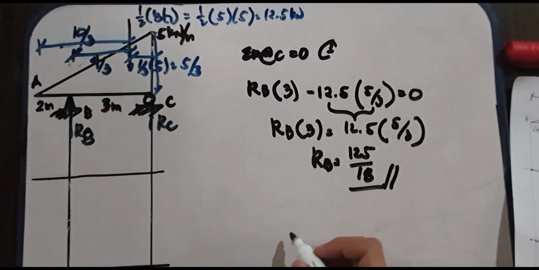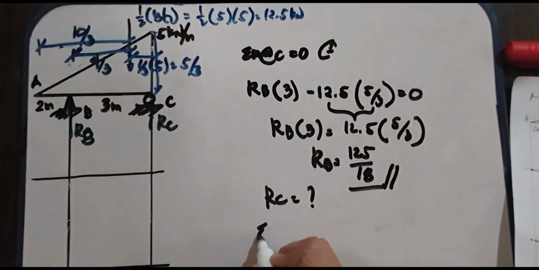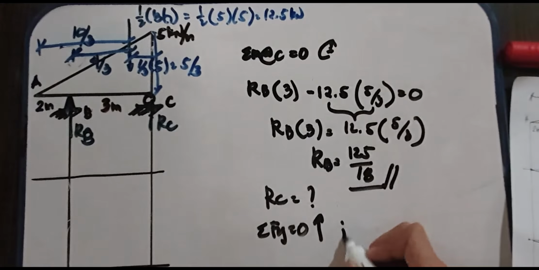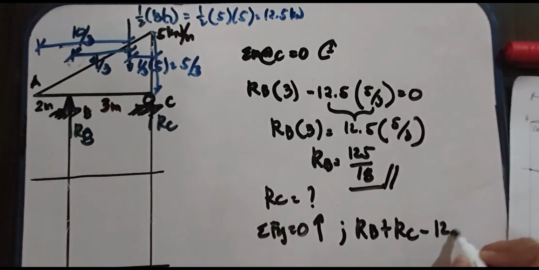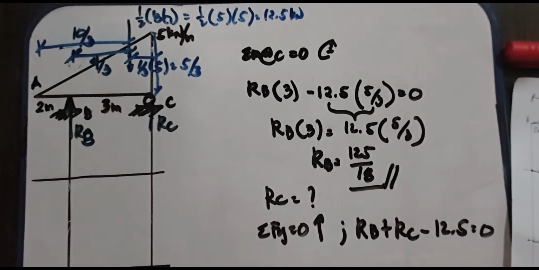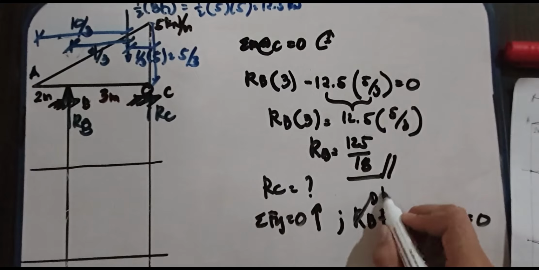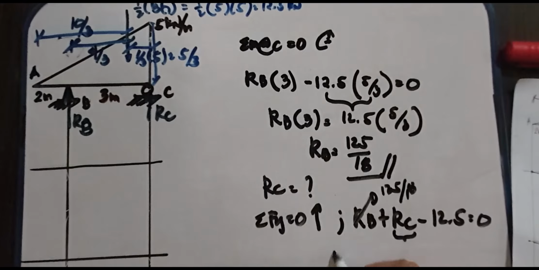So, how about RC? For RC, by means of summation of vertical forces equal to 0, upward to be positive. What are the upward forces here? We have RB plus RC minus the resultant, which is 12.5, is equal to 0. We have RB to be 125 all over 18, so RC is the only one left to find.